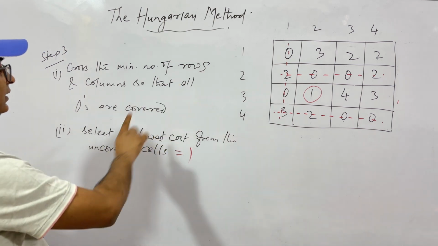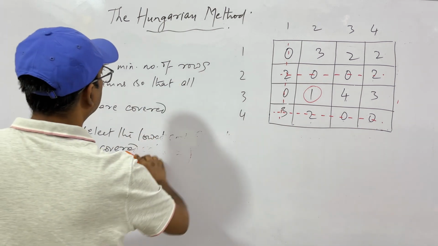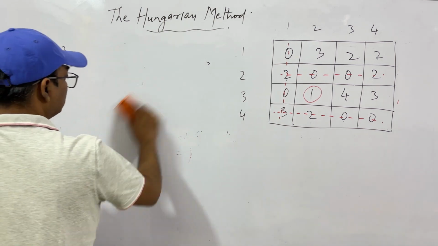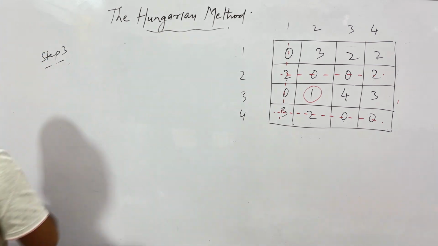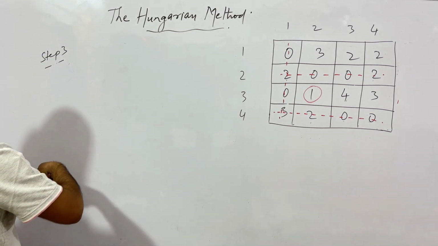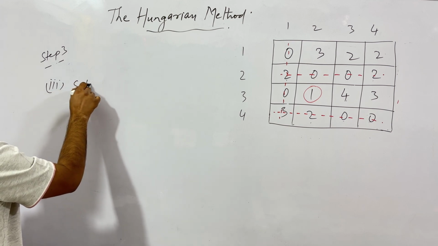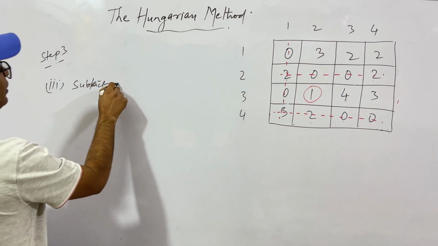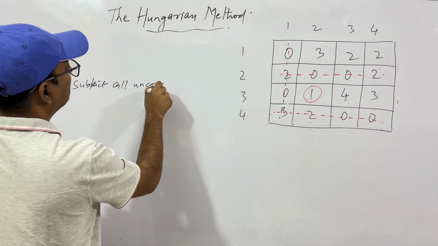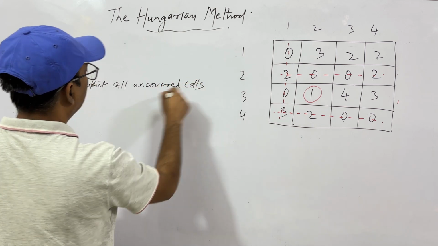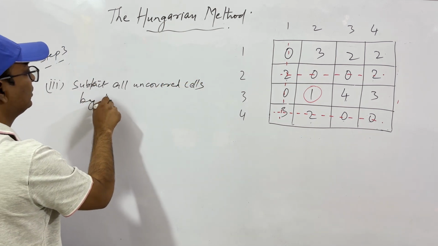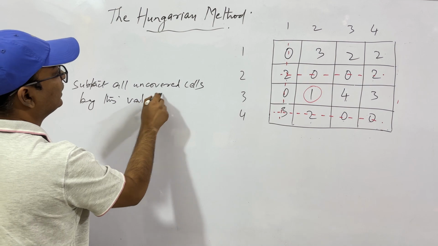Now what do you have to do? We have selected the lowest cost. What will be the next step? The third step is to subtract this value, that is 1, from all uncovered cells.